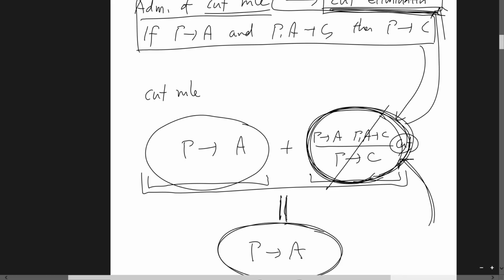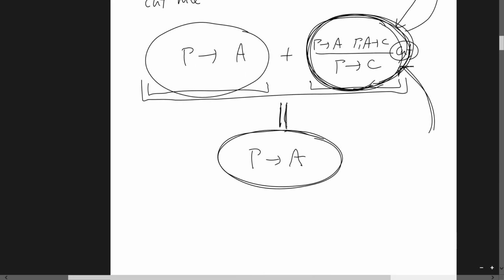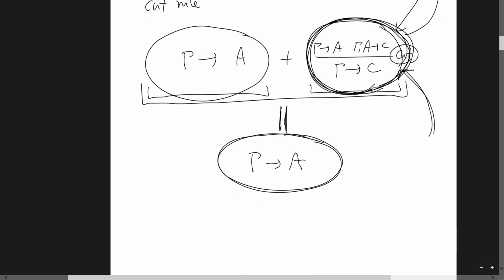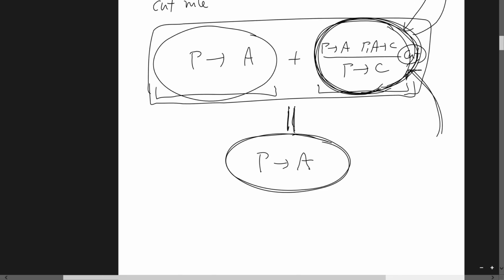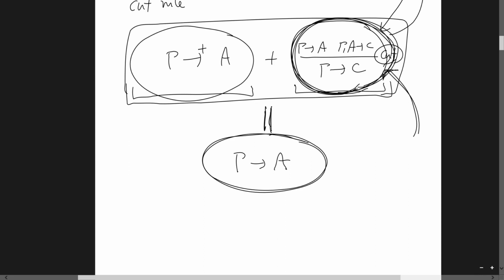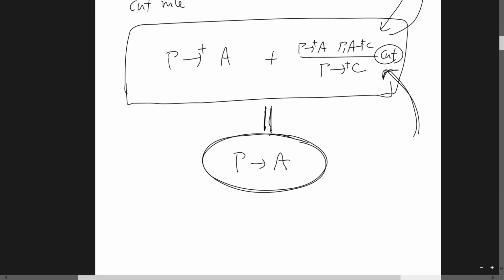The proof is actually trivial, and the plan is, let's say we use a new sequent arrow plus in this extended system. So in this extended system, we use this new form of sequent, and the original system used this one.